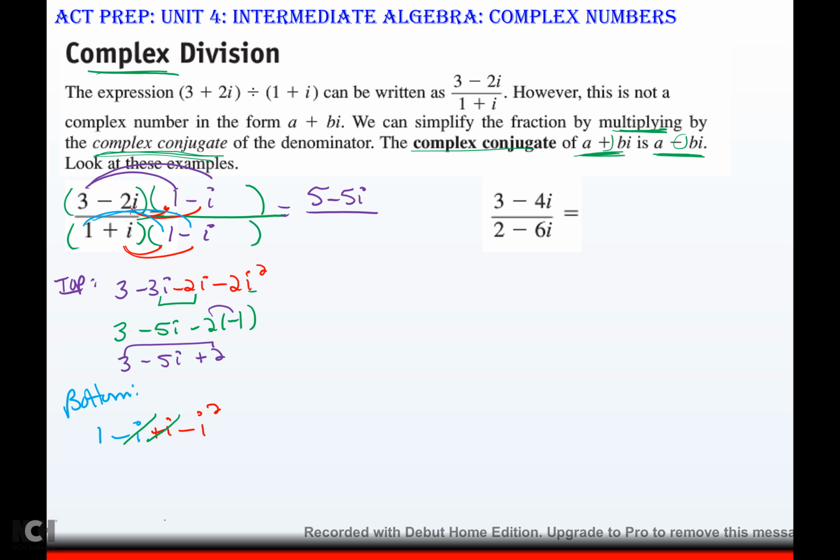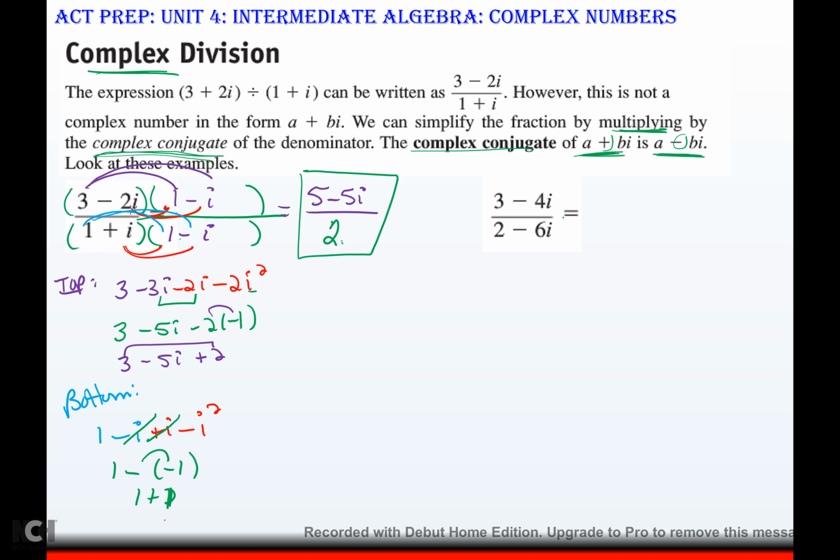They have to, because those are opposite signs. Then I have 1 minus, and this turns into a negative 1, which gives me 1 plus 1, which gives me 2 on the bottom. And this would be my solution. There are no more i's in the denominator, so we're good.